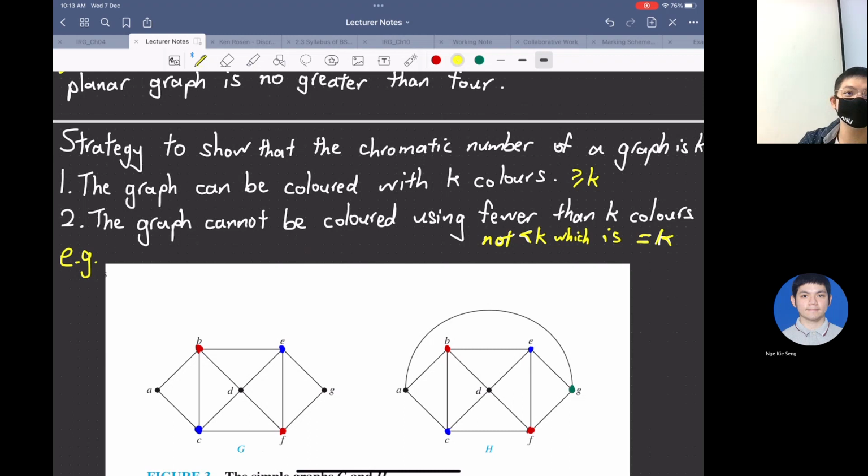Okay. Cannot be less than k, so it's equal to k. Okay, so you show that the graph can be colored with k colors, so it is less than or equal to k.